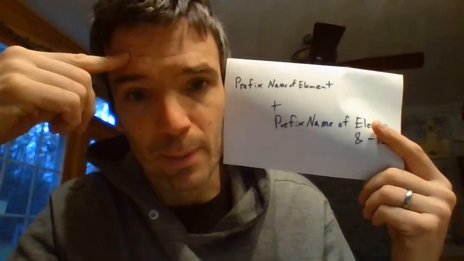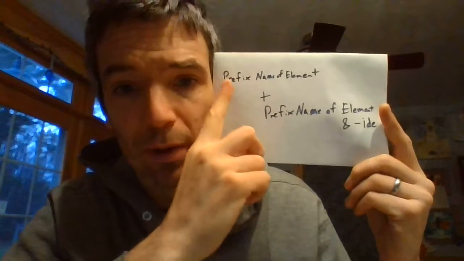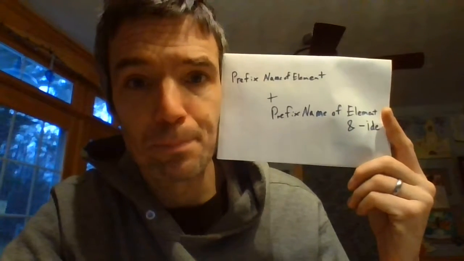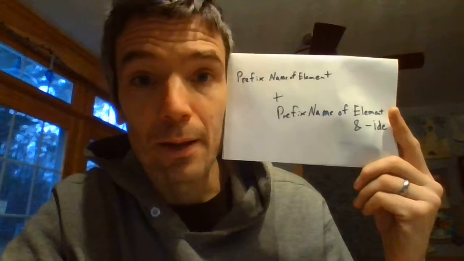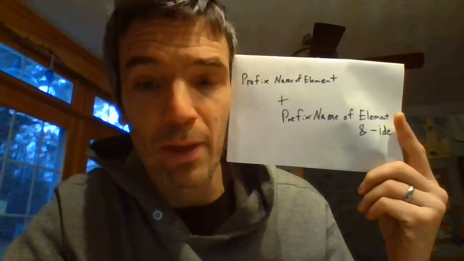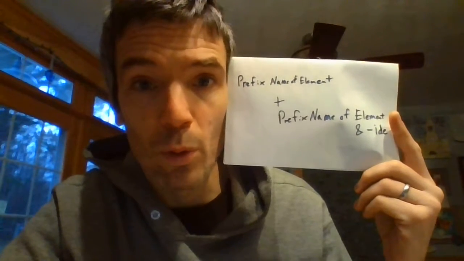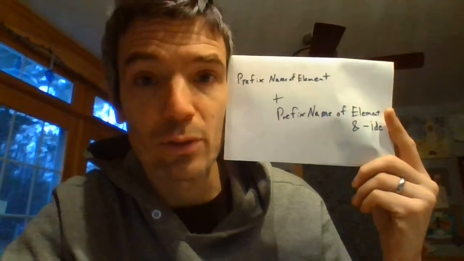I'm not sure where I was, but the general form of the names is you have your prefix, and your prefix is a word that represents a number. Then you've got the name of the element, and the element that comes first is the less electronegative.